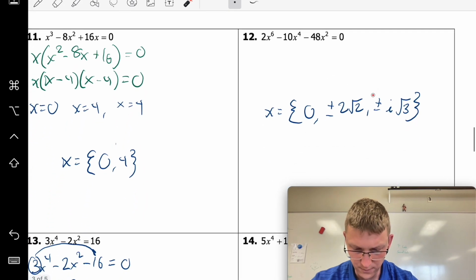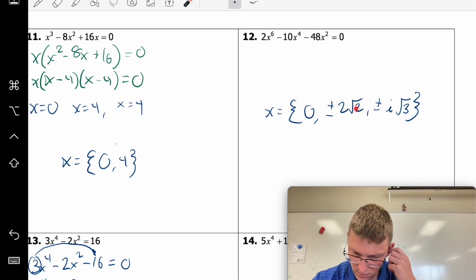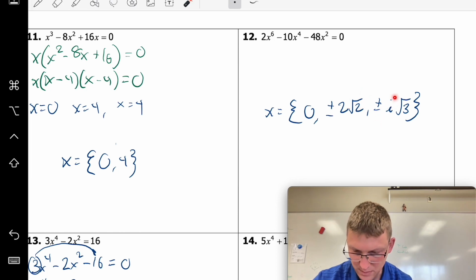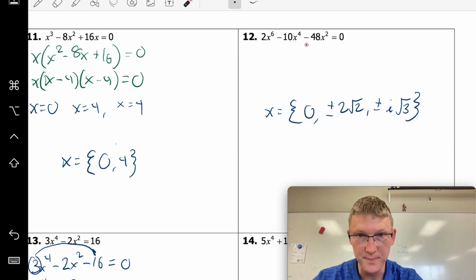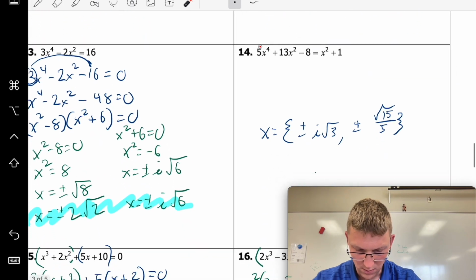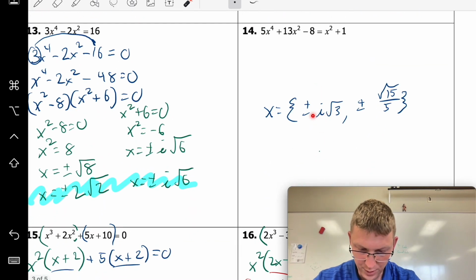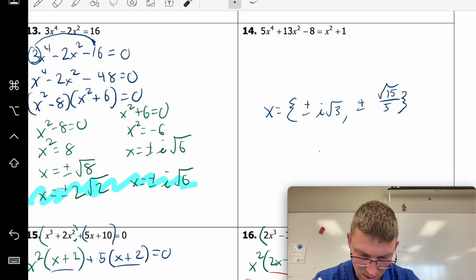Number 12, we've got 0, plus or minus 2 square root of 2, plus or minus i square root of 3. When I look at that, I would factor out a 2x squared, see where it takes me. Number 14, we've got plus or minus i square root of 3, plus or minus square root of 15 over 5.